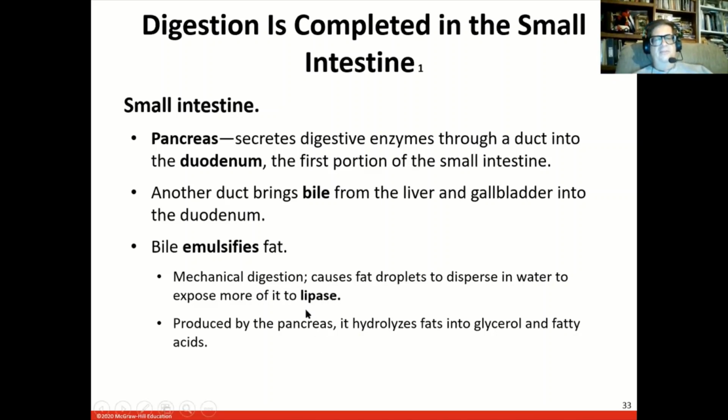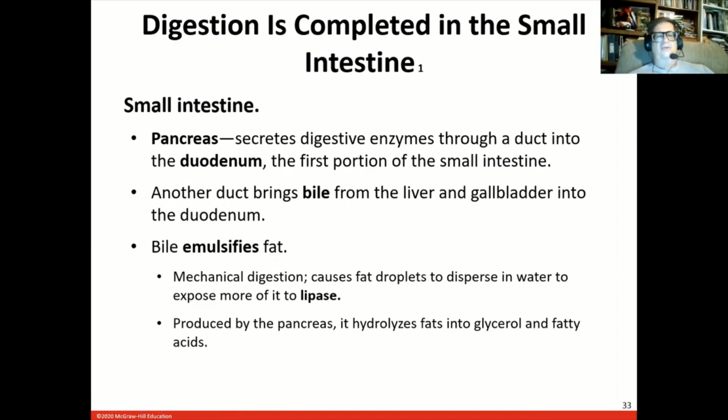Lipase is made in the pancreas, and it breaks fats into glycerol and fatty acids. I don't like the way this slide is written because some people might mistakenly think bile is also made in the pancreas. It is not. Bile is made by the liver and stored in the gallbladder.